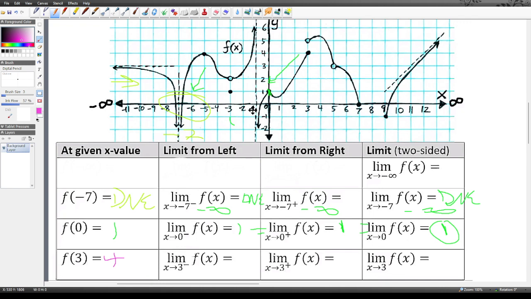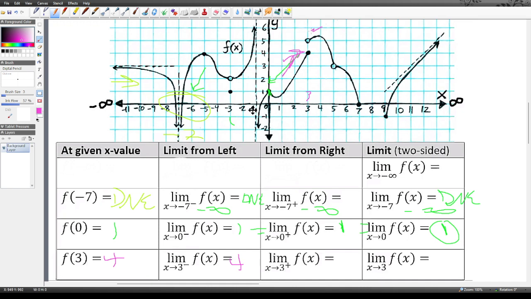The limit as x approaches 3 from the left side or the negative side of f of x will be 4, since we're getting closer and closer to 3, your limit is approximating to 4.